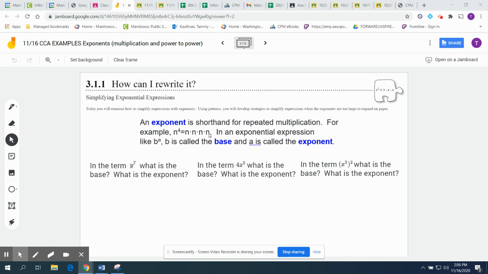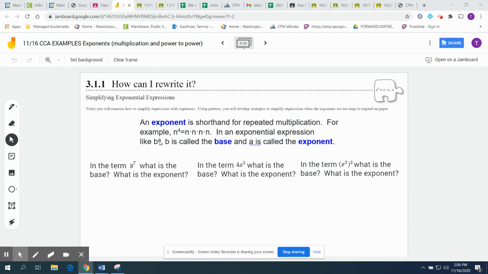So there is no adding going on. It's repeated multiplication. So in this section, think about multiplication. There's no adding, there's no subtracting. When we get to some of the rules, that's where there's some confusion. There's never a confusion if you're able to expand things and then simplify them.